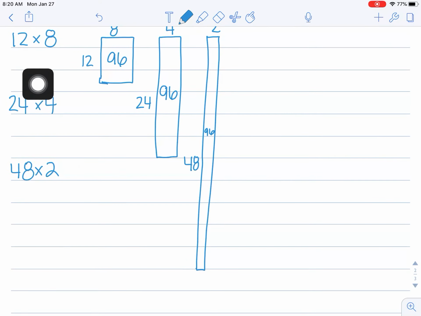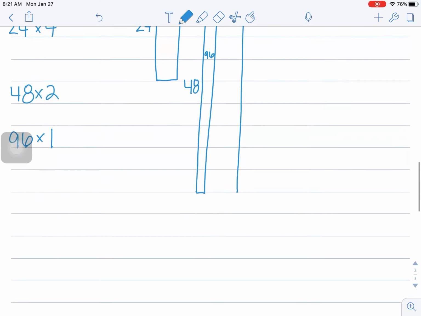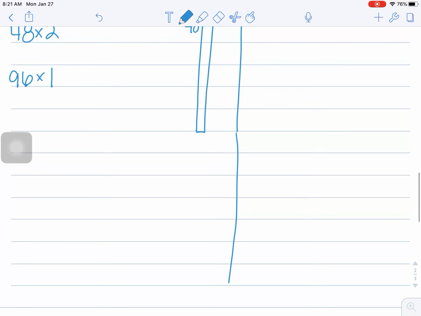And then if I double and halve all the way down as far as I can go, 48 doubled is 96. 2 halved is 1. And that would make this array very, very long and skinny.